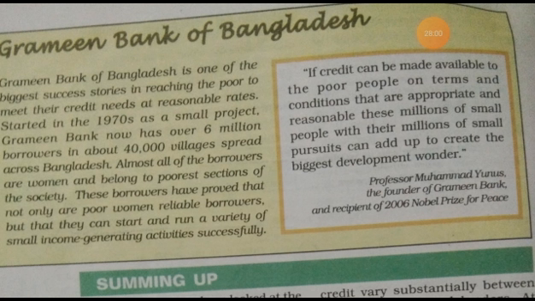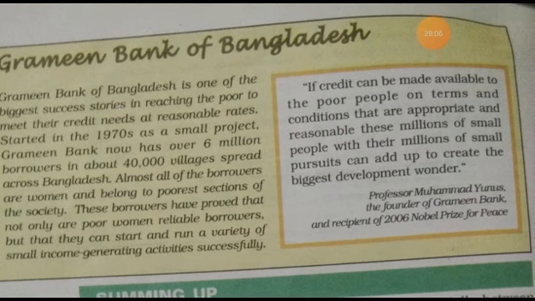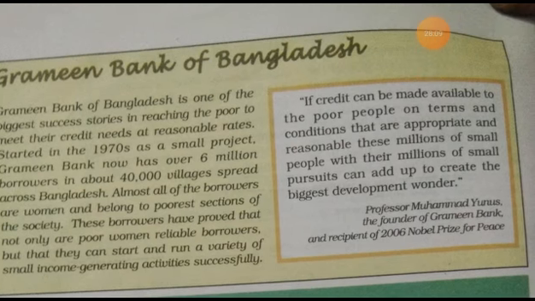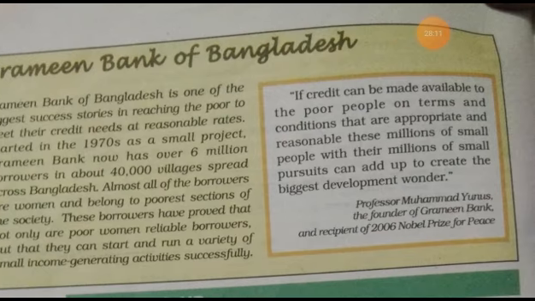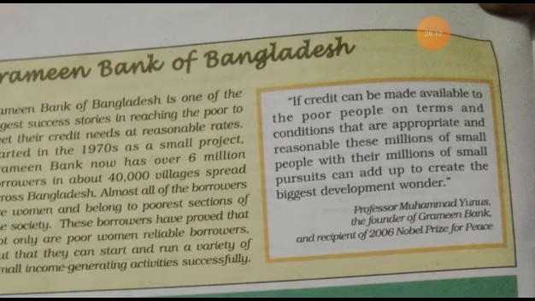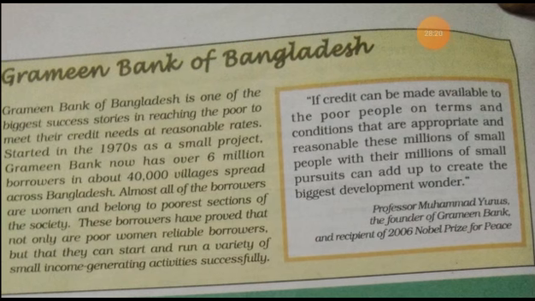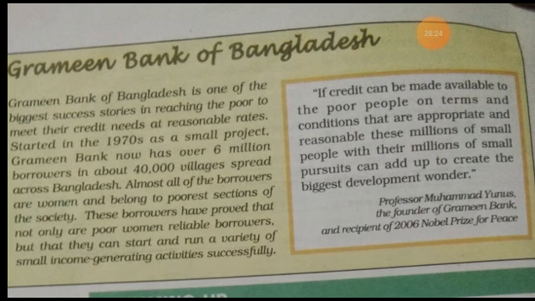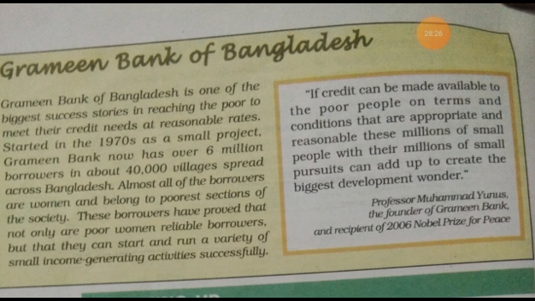So here it is given: if credit can be made available to poor people on terms and conditions that are appropriate and reasonable, these millions of small people with their millions of small pursuits can add up to the biggest development wonder.